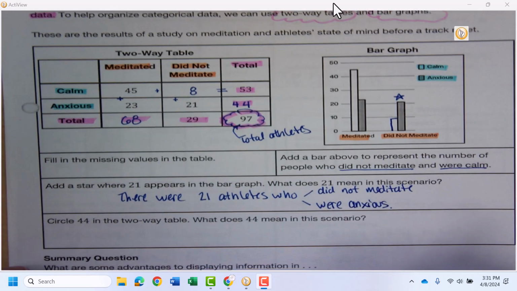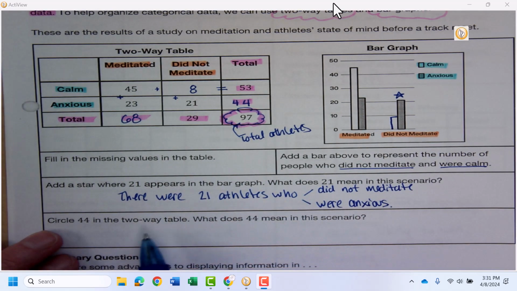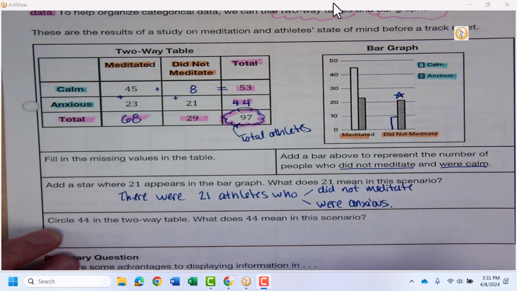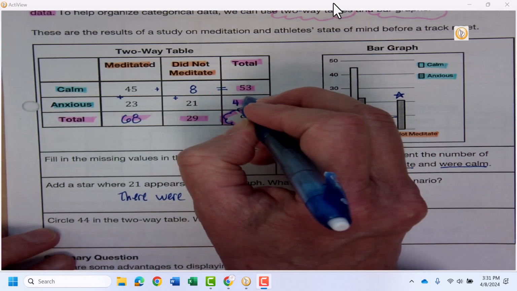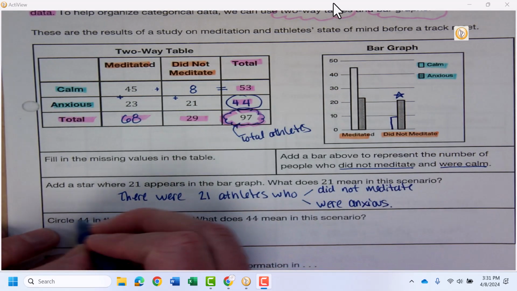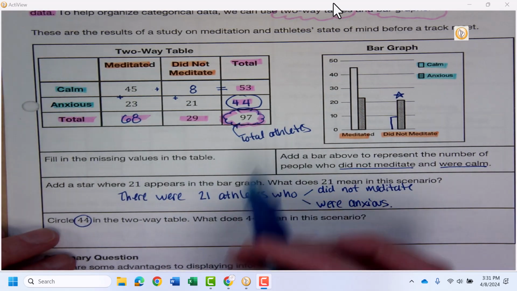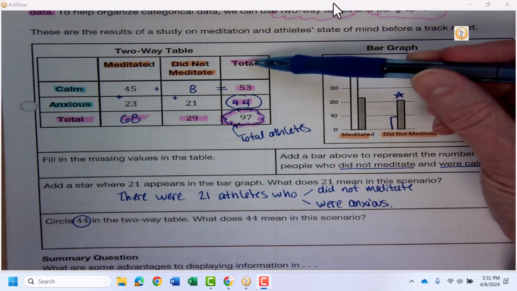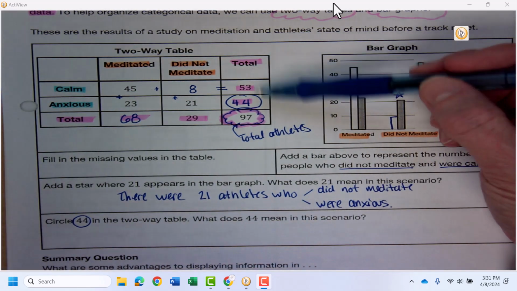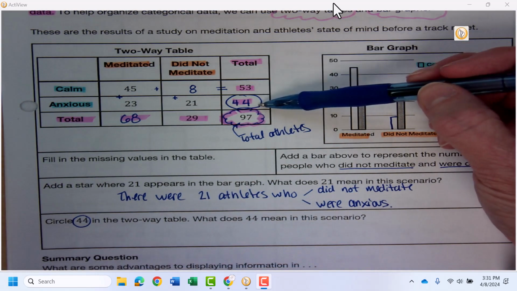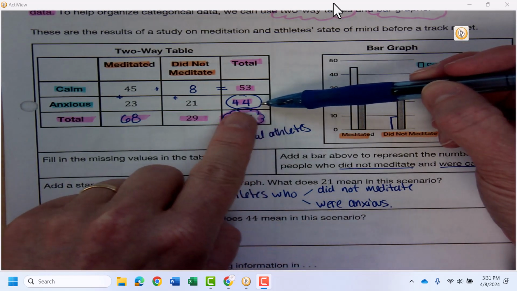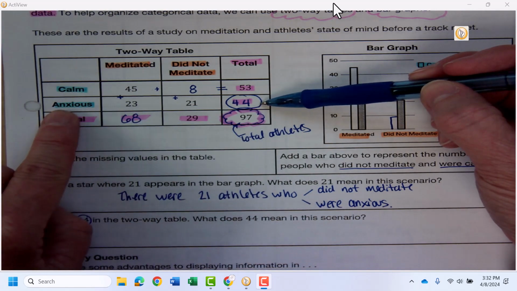And finally, we're asked to circle 44 in the two-way table and answer what that means. So there it is. Let me look at these headings to get a sense of what that number means. I know 44 is a total, and going horizontally, I can see it's the total of the anxious athletes.